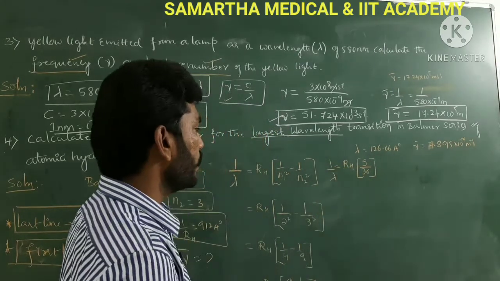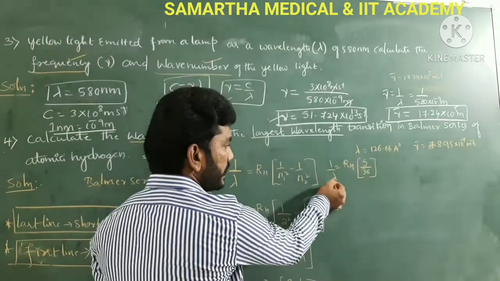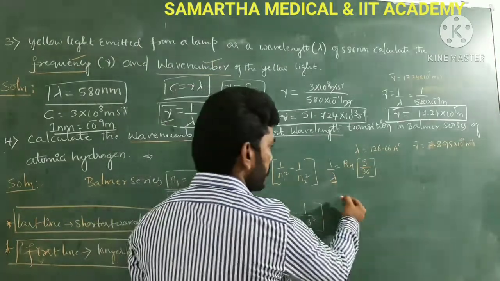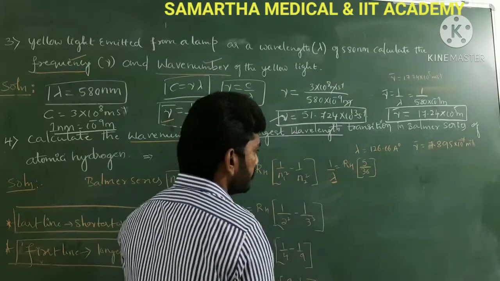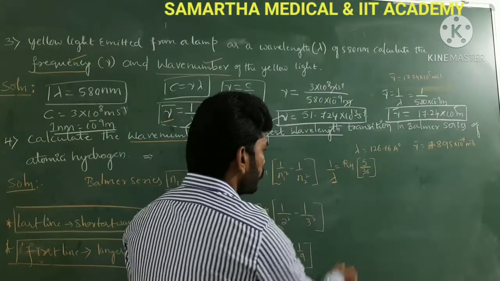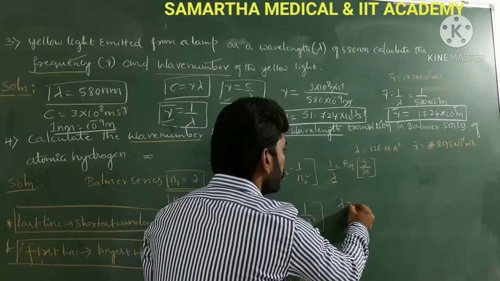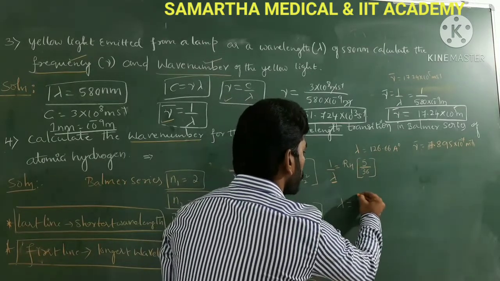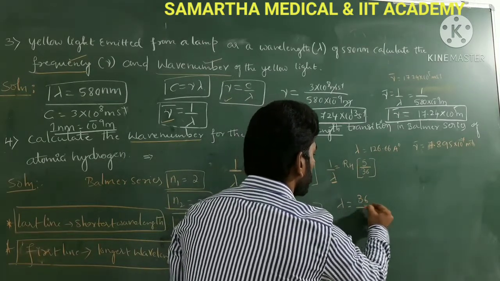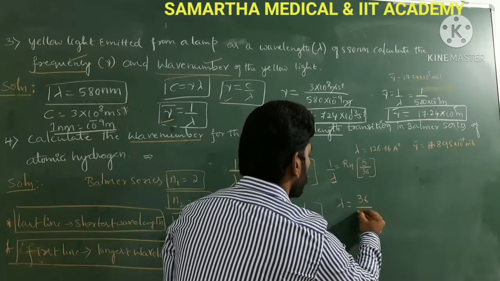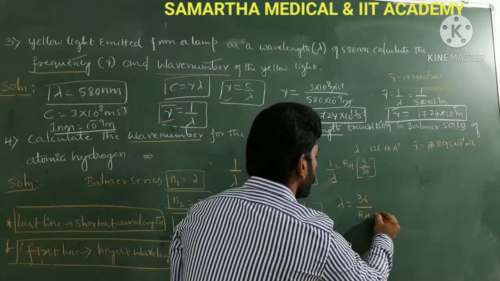Right now we are going to get the answer for lambda. If you take the reciprocal of 1 by lambda, we get lambda itself: 36 divided by RH into 5.